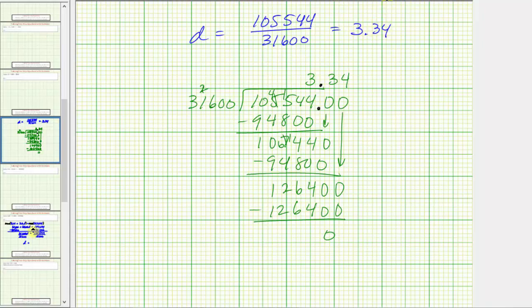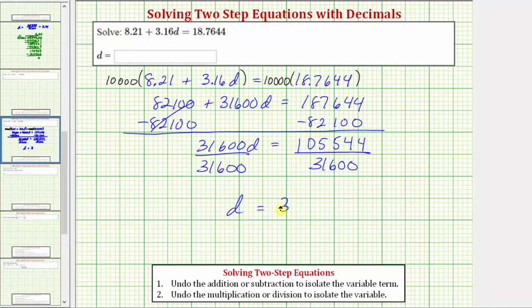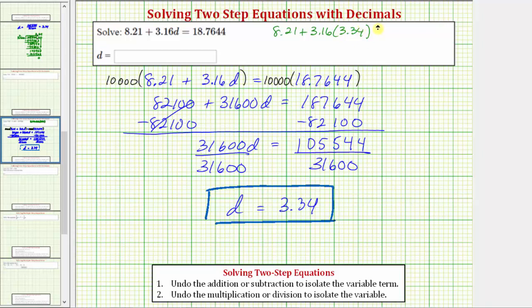So going back to our previous slide, we now know our solution, but let's check our solution by substituting 3.34 for d in the original equation to make sure it satisfies the equation. So we would have 8.21 plus 3.16 times d, which is 3.34, equals 18.7644.